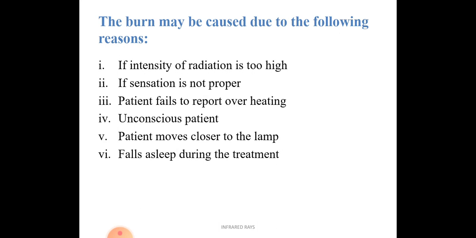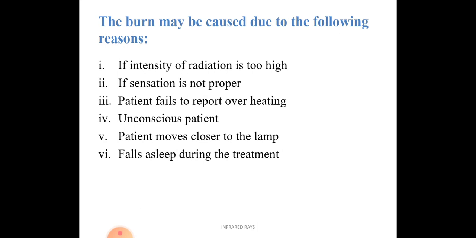So very simple example, intensity is very high, so definitely more heat will be produced, okay. Sometimes the intensity is okay, but the patient's sensations are affected, so the patient will be feeling less. So he will not be able to give exact feedback to the therapist, and the patient will insist on increasing the intensity more.